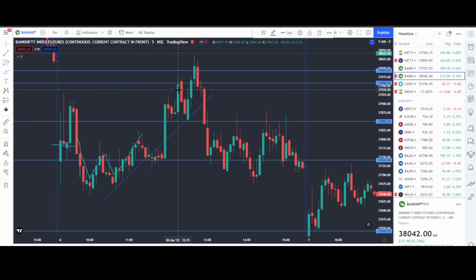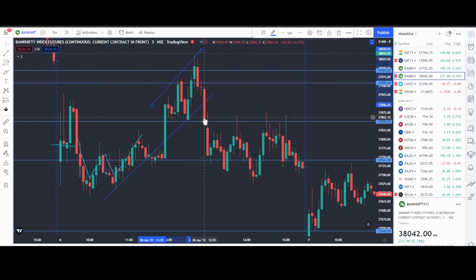Later it made a higher high over here. You could see one more trend line I could draw was this higher high pattern. This higher high pattern would have made me understand it is in a channel, or in a zone of going up.